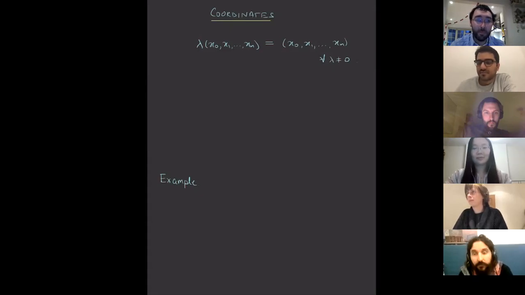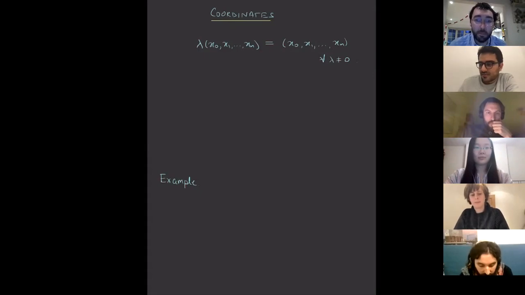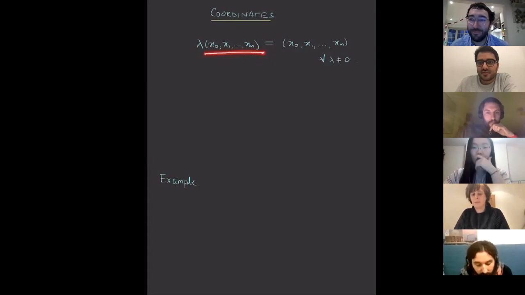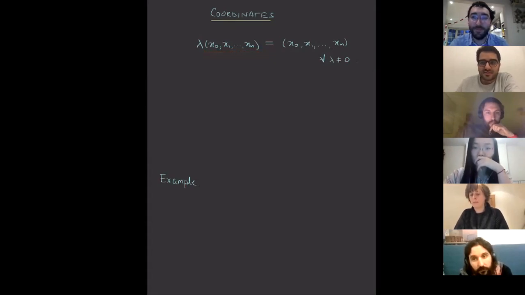So remember that each point of the projective space is a one-dimensional vector subspace of F^(n+1). So a vector subspace is spanned by a non-zero vector. So say this is your non-zero vector, then any non-zero multiple of this also spans the vector subspace, right?